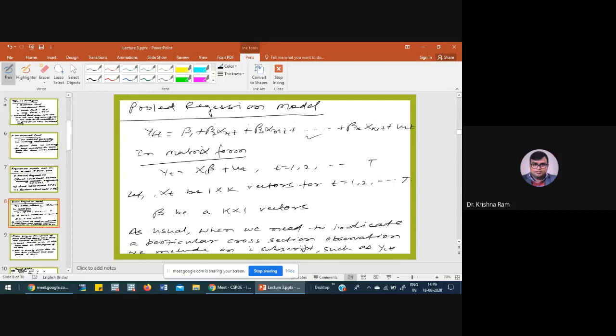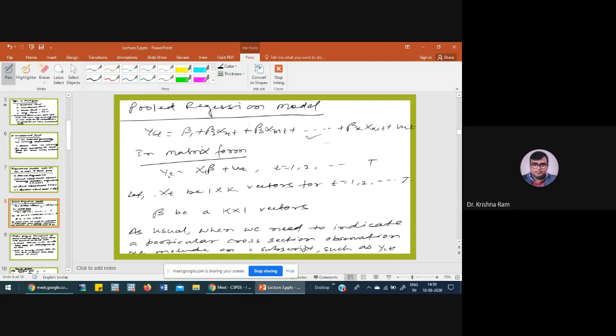You have a dependent variable denoted by y. i and t are the cross-sectional and time series components respectively. The betas are parameters, the variables are x1, x2, x3 up to xk, and u is the error term.